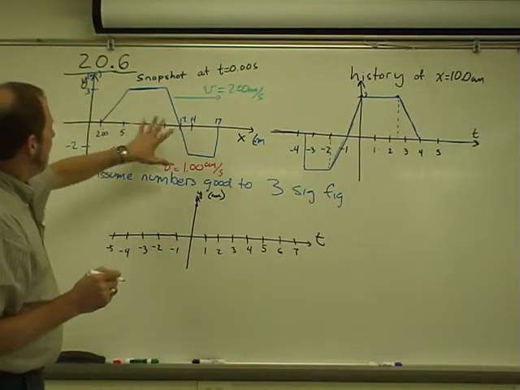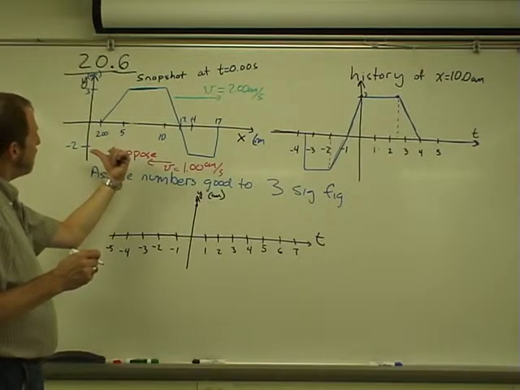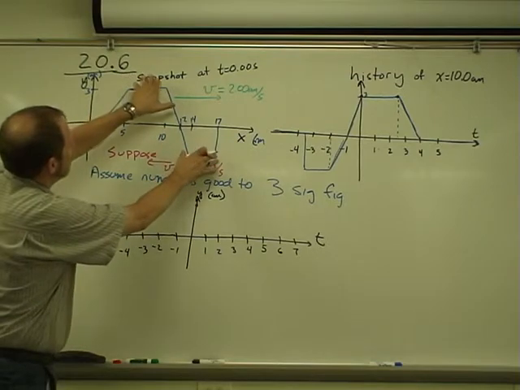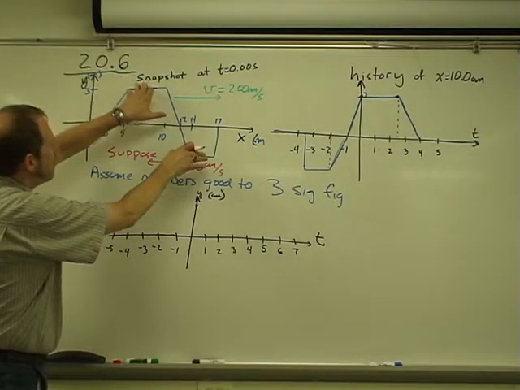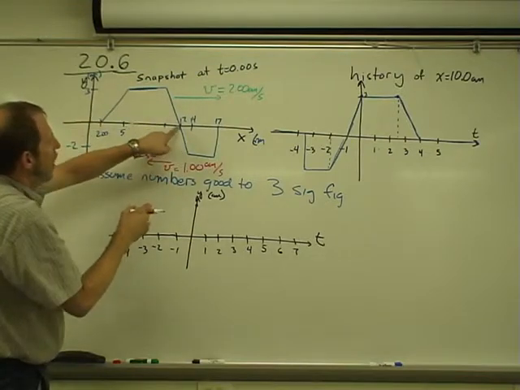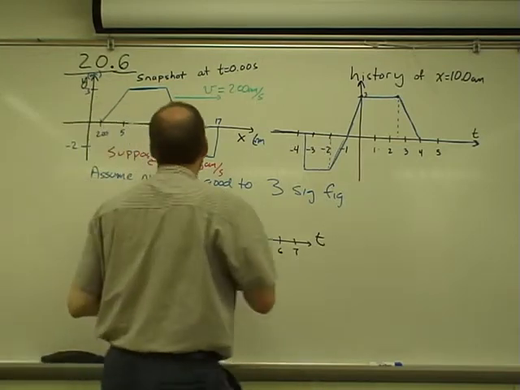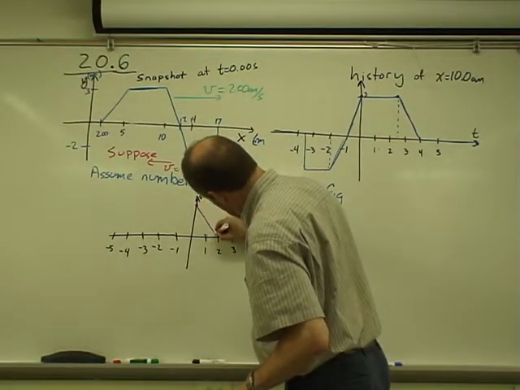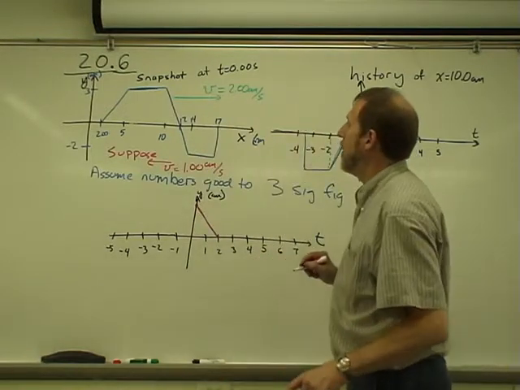But now, if the wave is moving in the opposite direction, what's the next thing that happens? This is all going to move 1 centimeter to the left. Then after 2 seconds, another centimeter to the left. What was at x equals 12 is now at x equals 10. So in 2 seconds, that drops down to 0.